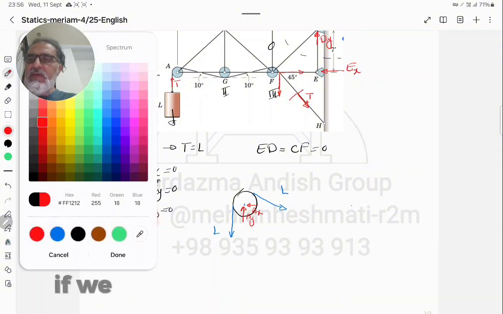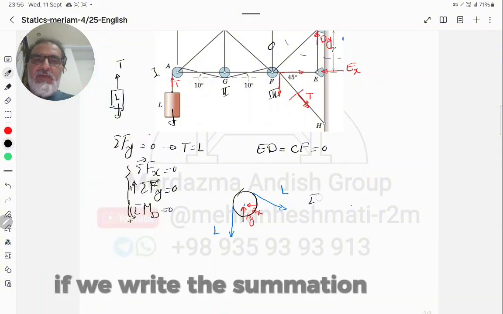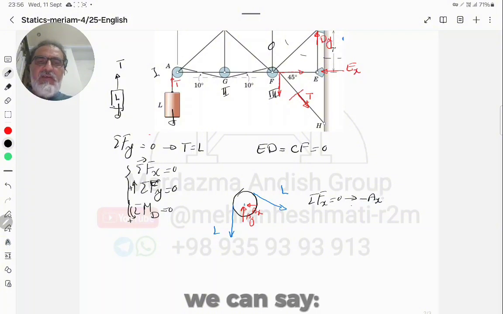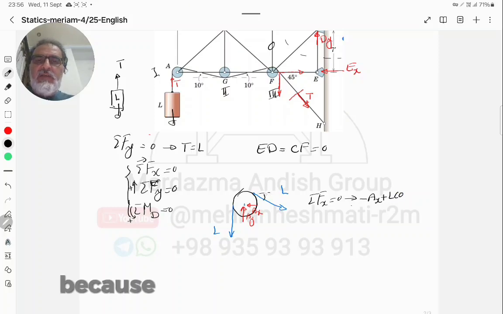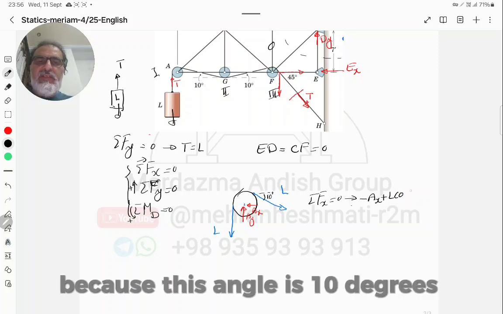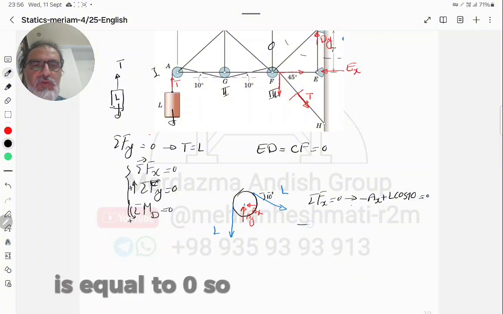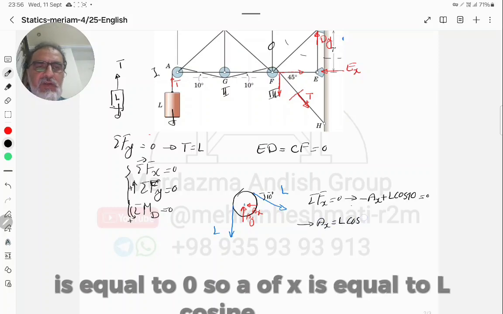If we write the summation of f of x is equal to 0, we can say minus A of x plus L cosine of 10, because this angle is 10 degrees, is equal to 0. So A of x is equal to L cosine of 10.